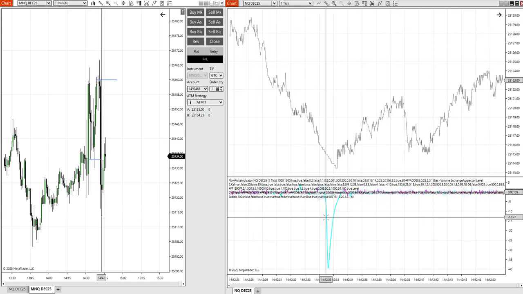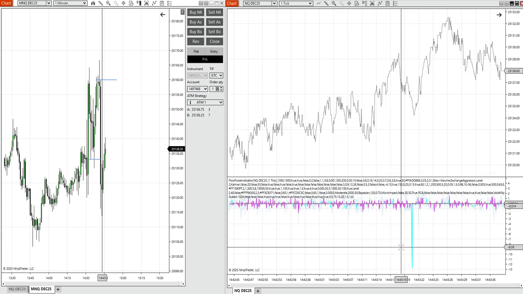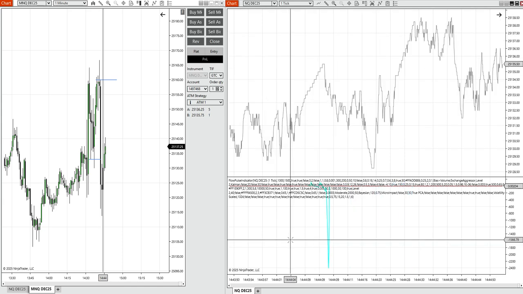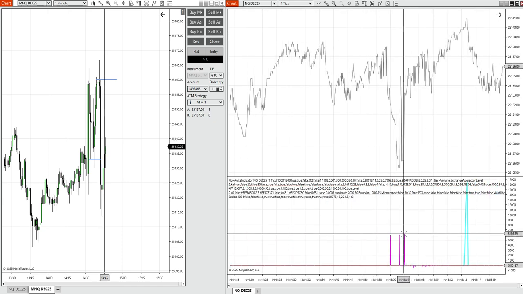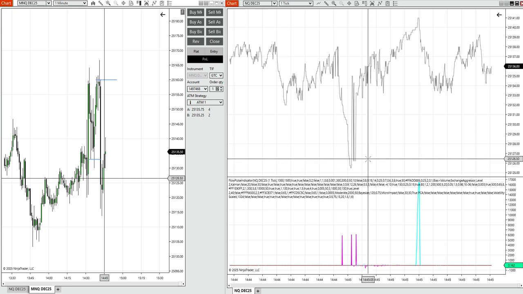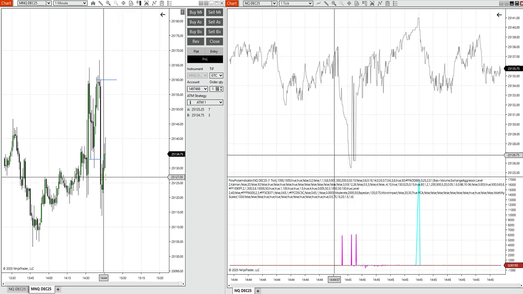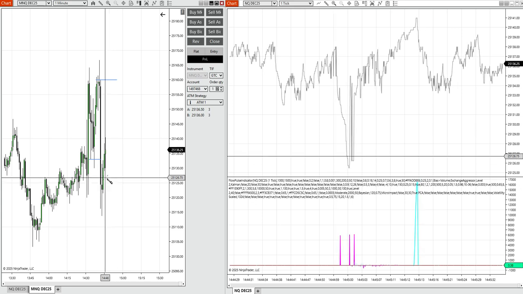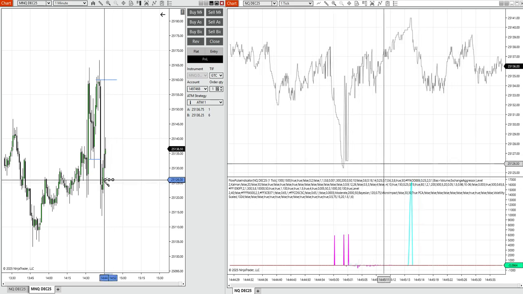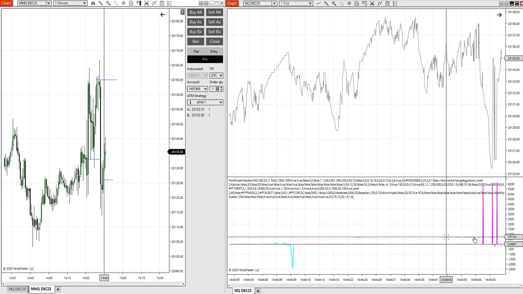So this is also another thing I'm working on. I'm going to use it in confluence with the impact residual. Where was that? 126, which is here. So that was a tiny bit late.